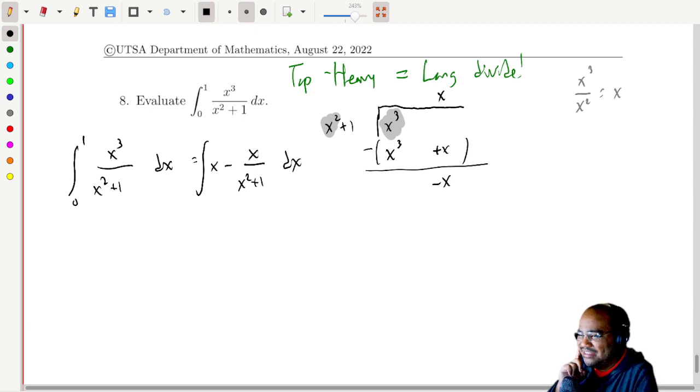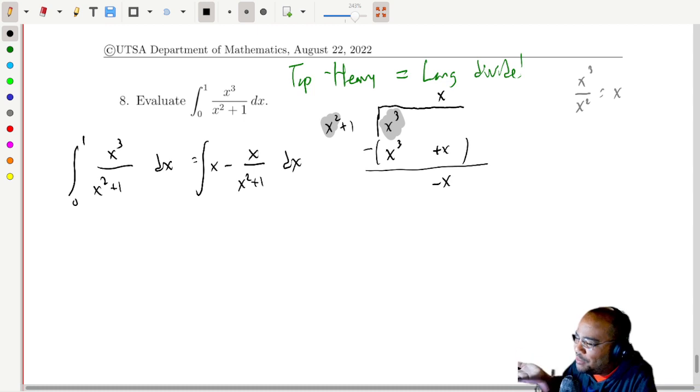I have a polynomial, just the x there. That's the first term. The second term has a sum of squares, which is irreducible. There's no partial fractions really to be done here because that's the only factor.